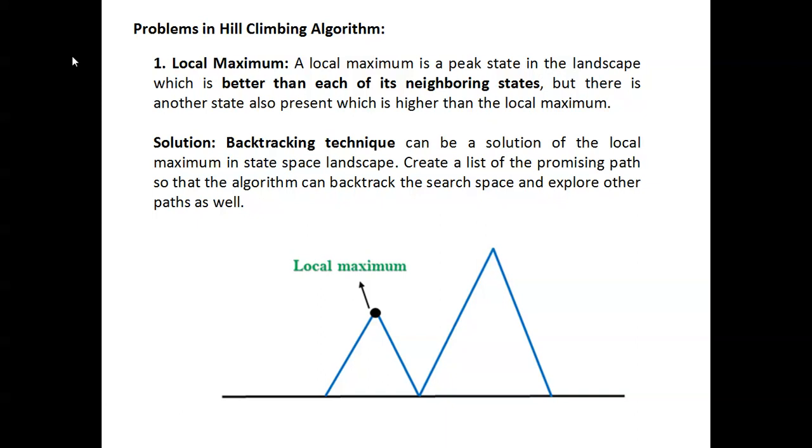Sometimes when the algorithm reaches a local maximum peak value, it terminates the searching. To avoid that, the solution is the backtracking technique. Then it might be possible to not terminate on reaching a local maximum and complete the algorithm.